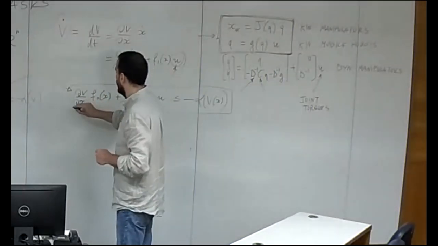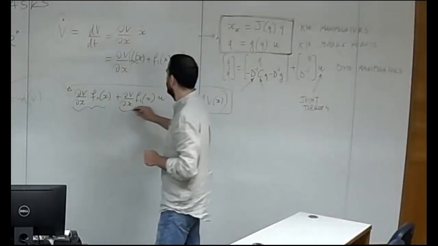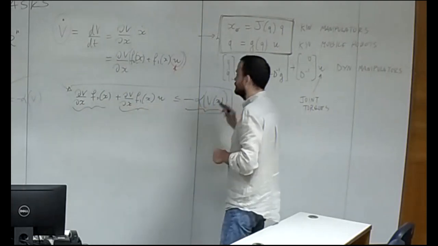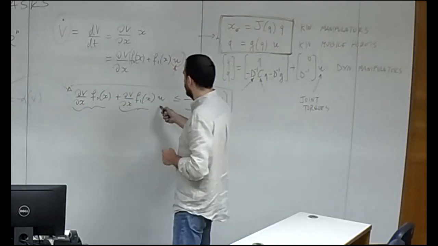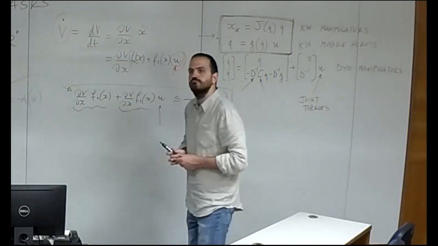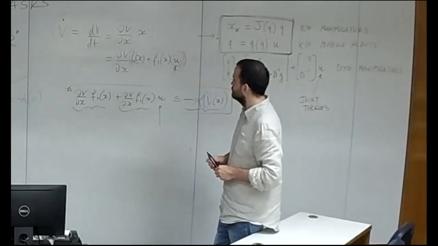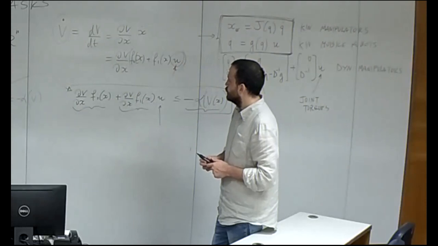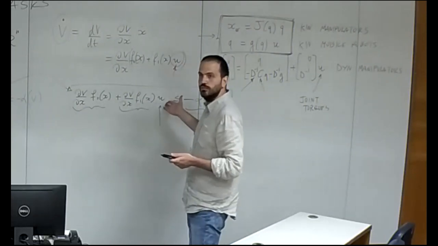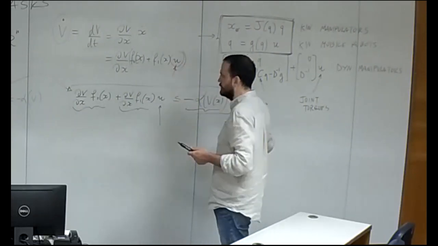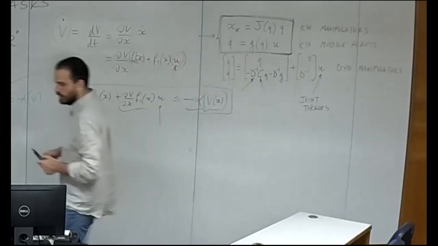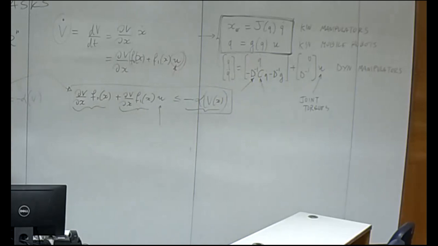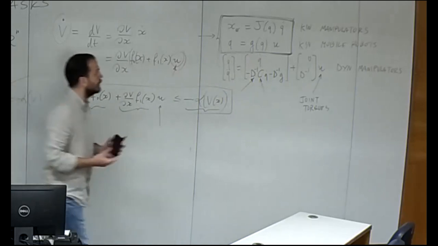So we evaluate this, we evaluate this, we evaluate these three numbers, or three vector numbers, and we have a constraint on u. There might be multiple u's that satisfy this inequality. So the one that we decided to pick is the one that minimizes the norm of the vector u.